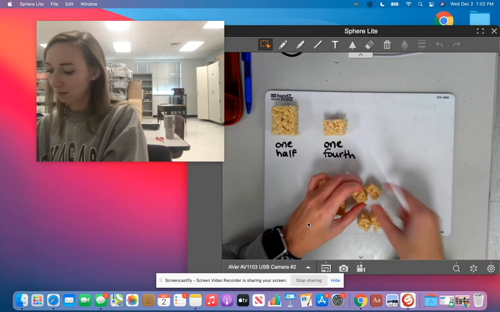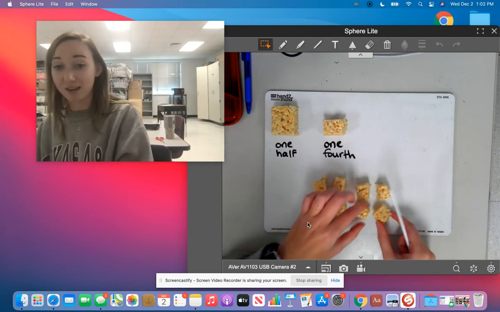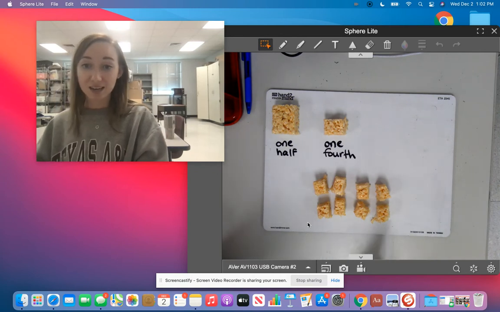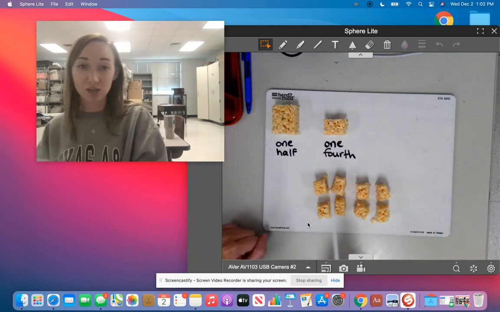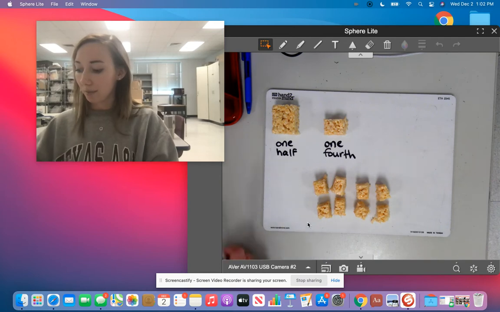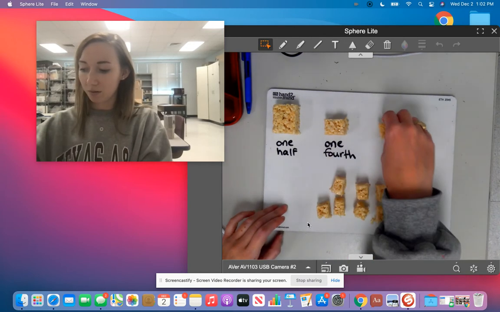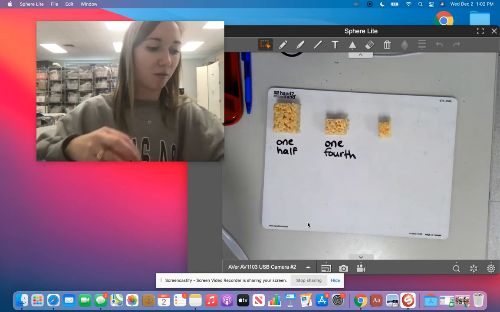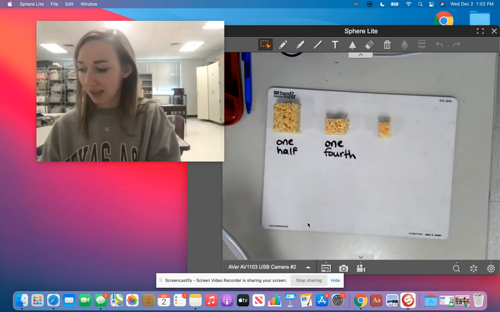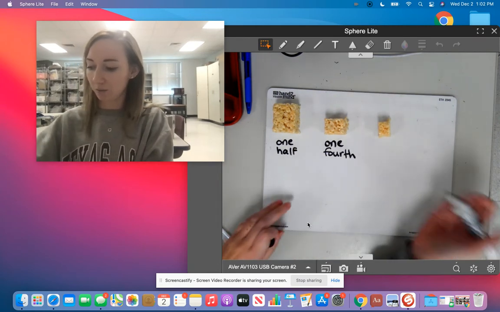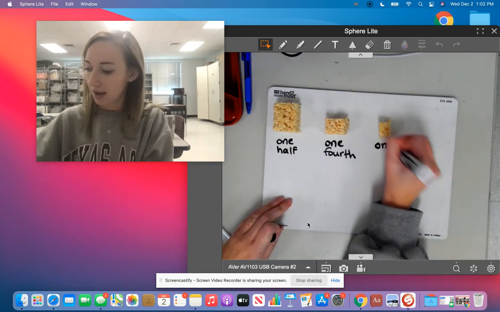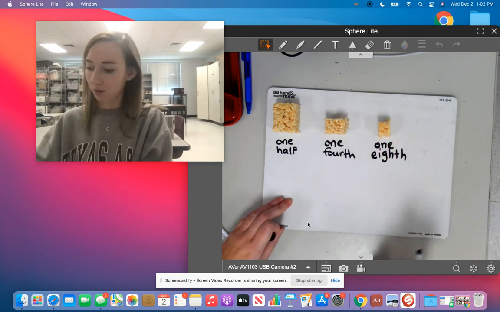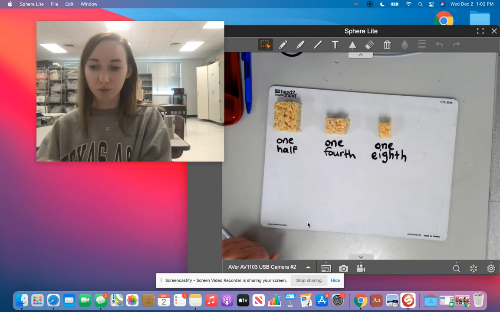Okay, so how many equal parts do I have now down here? I have 8 equal parts, so that means that these are each 1/8. So I'm going to take 1 as an example and put it up there and move all my extra snacks over here. And then I'm going to label this as 1/8. So that is 1/8, that is 1/4, and that is 1/2.